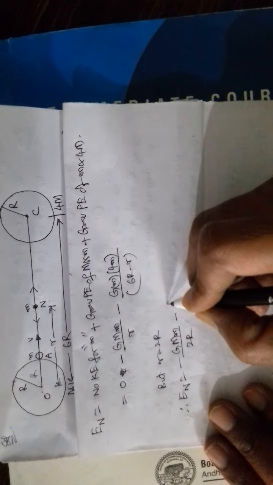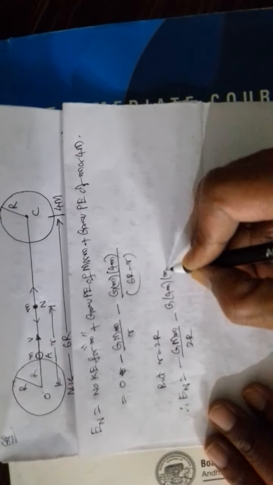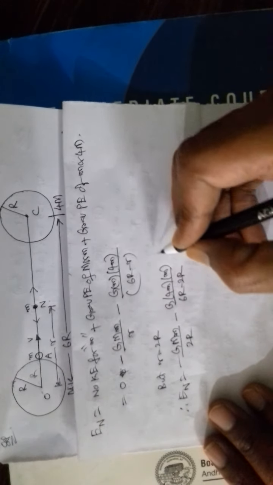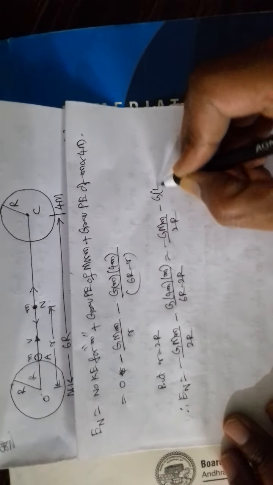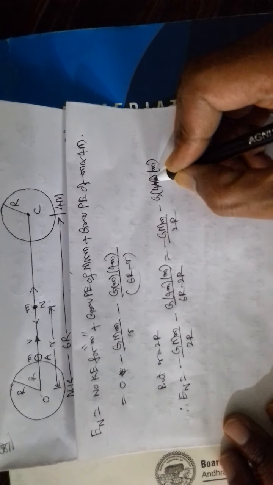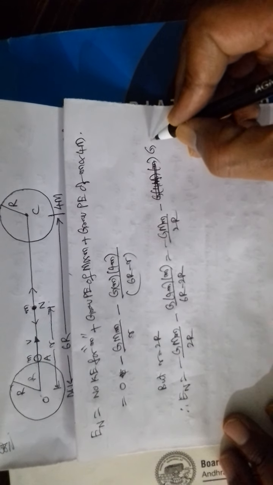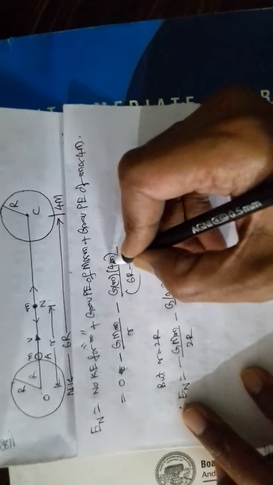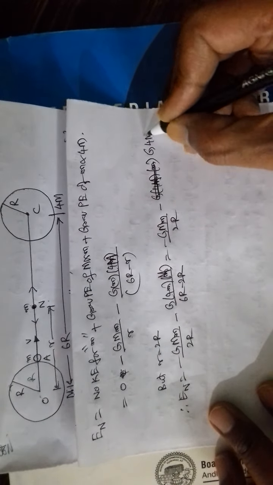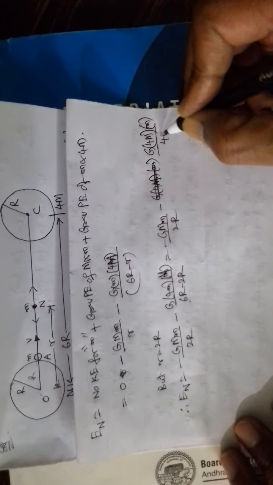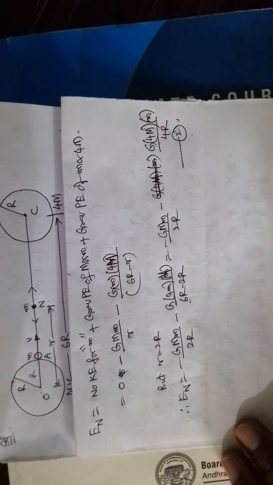Therefore, En is equal to four m. This is 4m capital M. Capital M. Six r minus 2r, 4r. This is second equation.